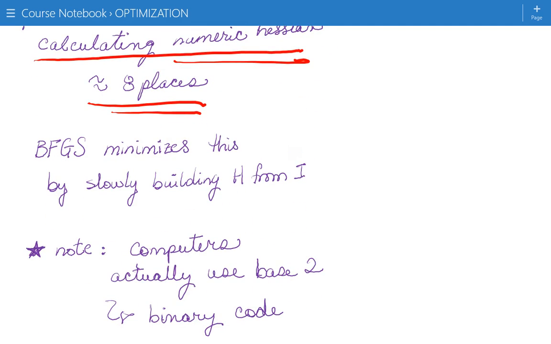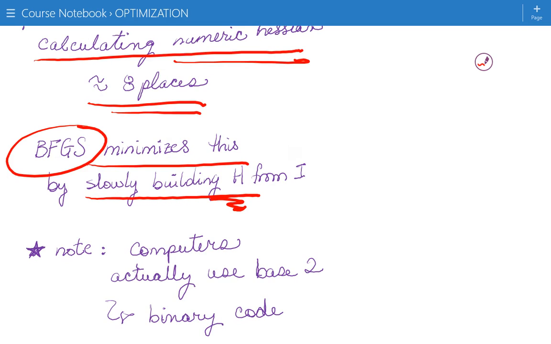But nonetheless, the BFGS algorithm minimizes this problem because it constructs its weight matrix, parallel to the Hessian, slowly as it goes along in its calculations, and it does it in a way that minimizes the loss of precision. So this is one of the benefits of this particular algorithm.